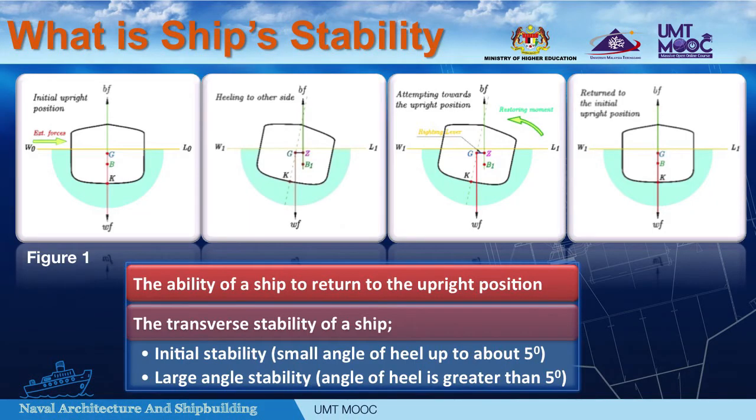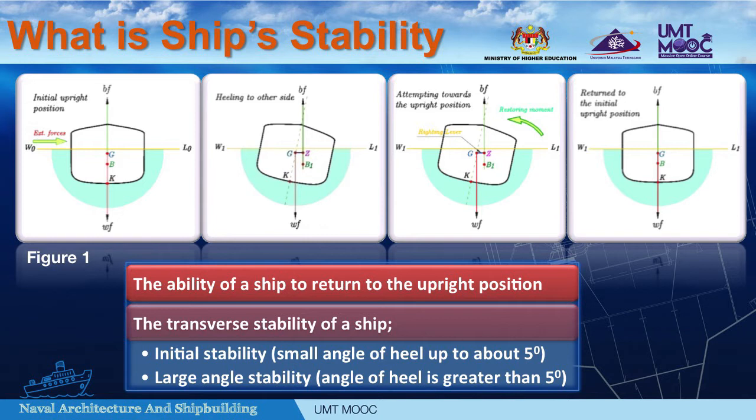Dear all students, referring to figure 1 that was snapped from animation 1, it is necessary to describe something earlier here, although this point will be discussed in the next slide. Basically, transverse ship stability is divided into two categories.